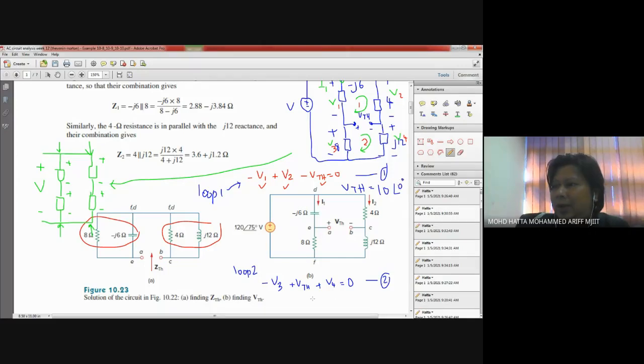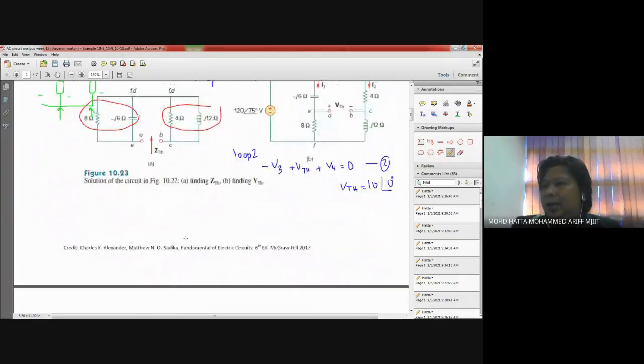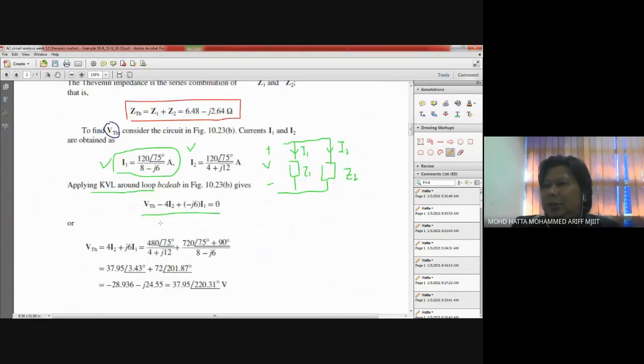So the value of VTH you find from this second calculation should also give you the same value as you see from the first loop. You should try this and prove that what I'm telling you now is the way we confirm our answer.